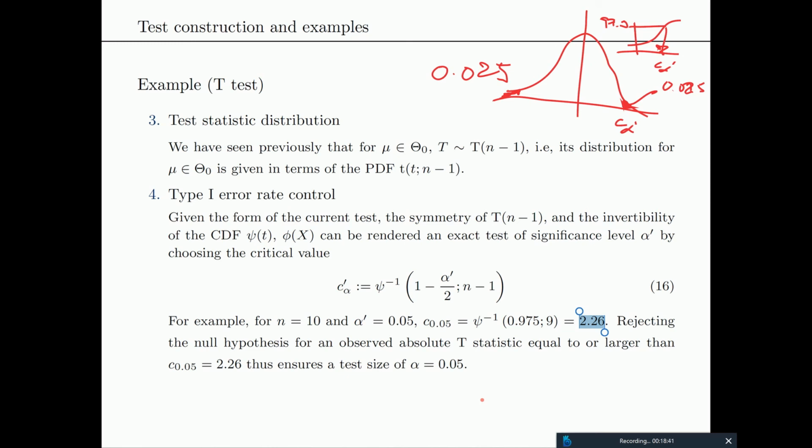You basically just increase the critical value until the probability falls below some value, and then you have found your critical value numerically. This is how we did it in the paper. So this is a special case. This is a little bit like math in school and math at university.